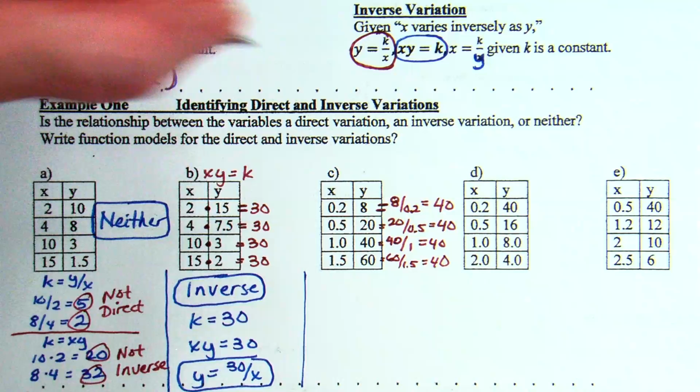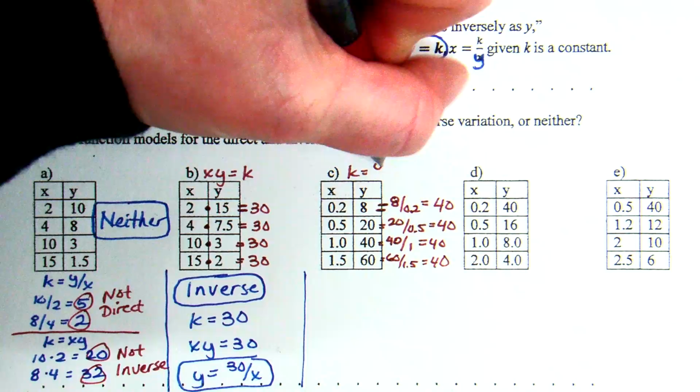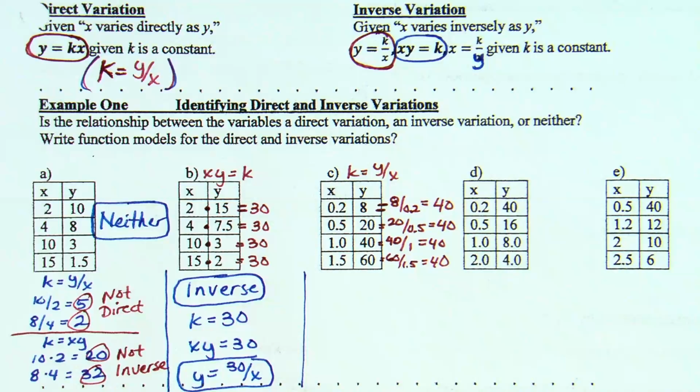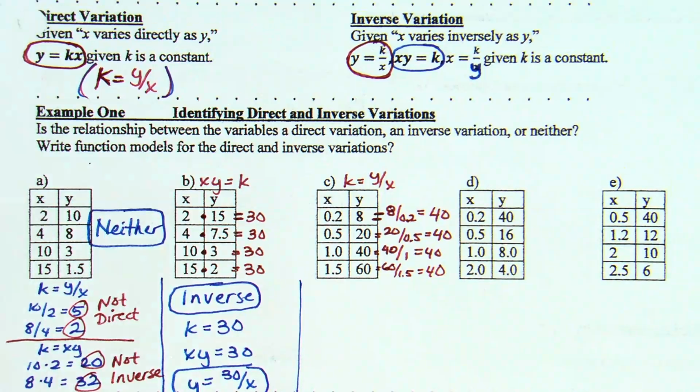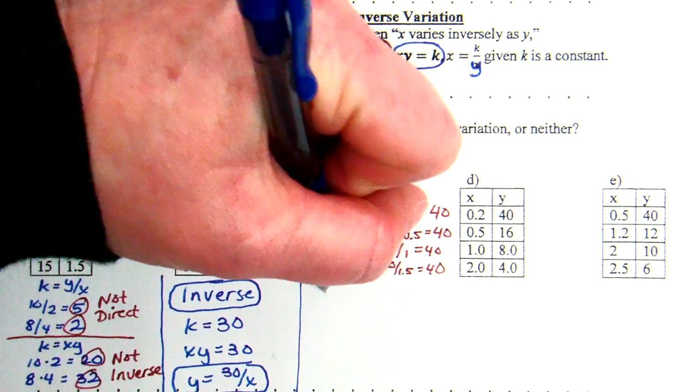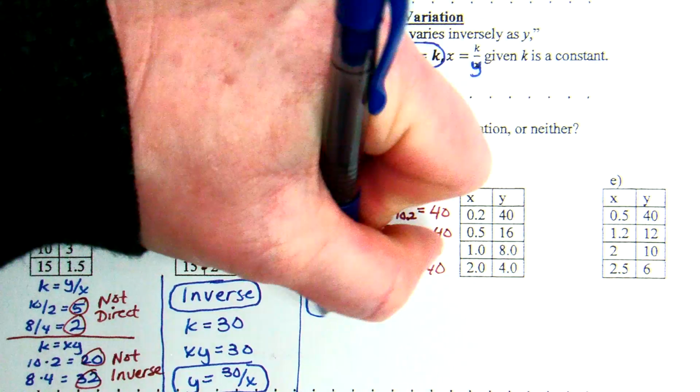Okay. So in this one, we just did y divided by x. All my y divided by x's resulted in the same. So what's that tell me? Yeah, right over here in direct. K equals y divided by x. So this is an example of direct variation.